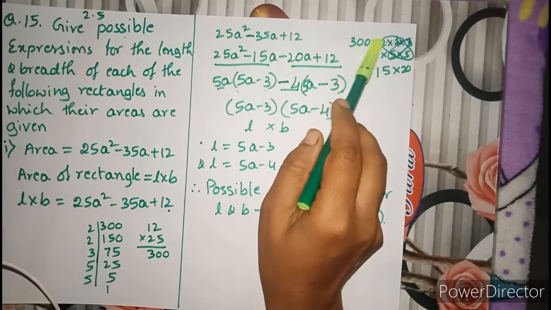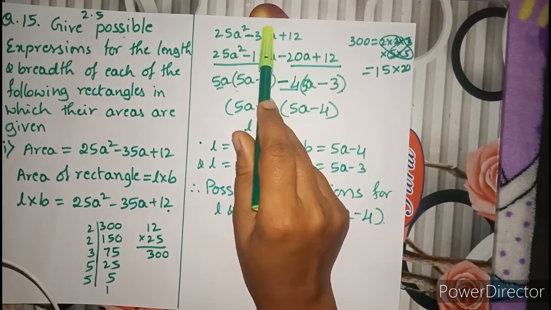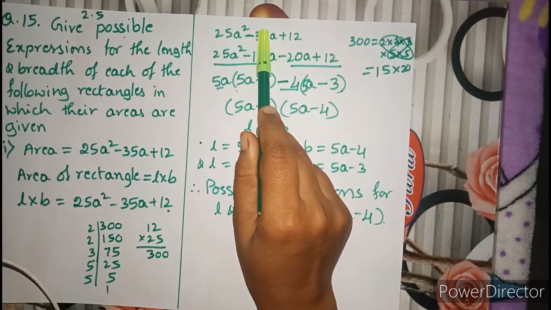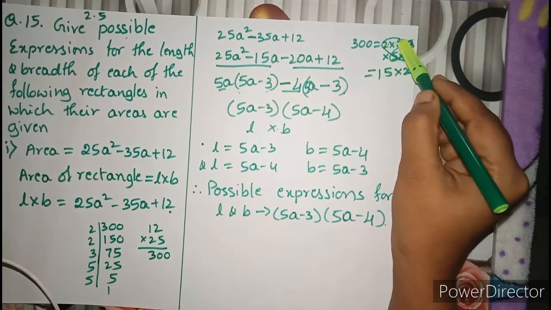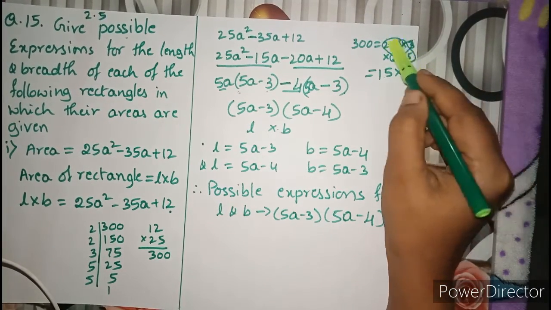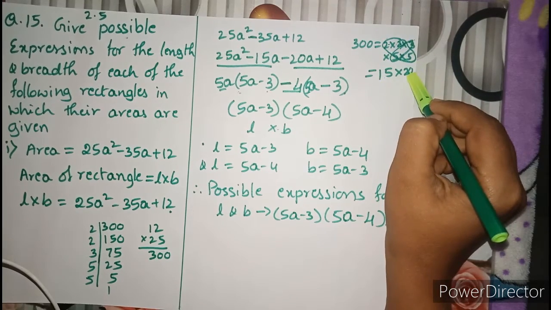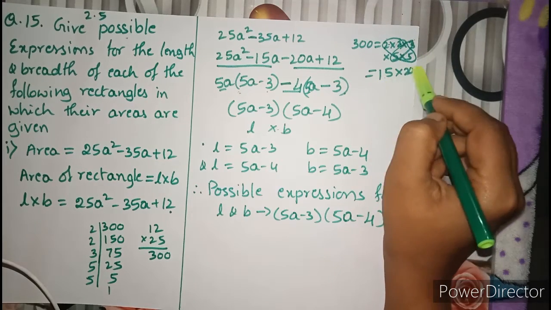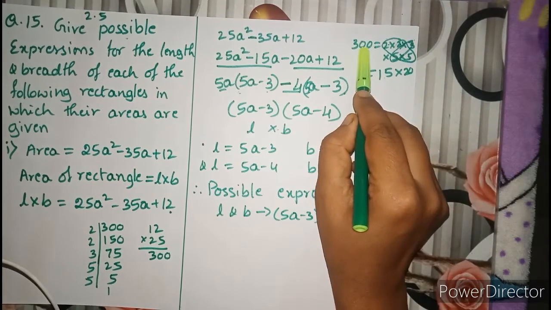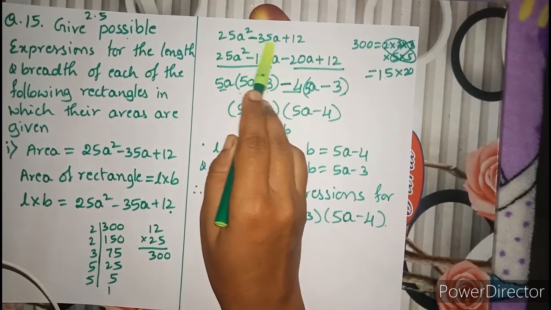By adding the factors of 300, we have to get this middle term, the coefficient of a. We have to find out which ones. So 2 into 2 is 4, 4 into 5 is 20, and 5 into 3 is 15. 15 into 20 is 300 and 15 plus 20 is 35.